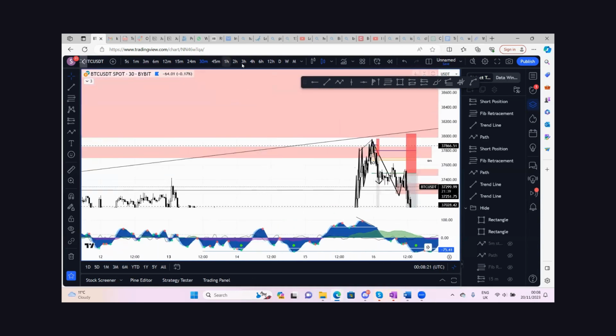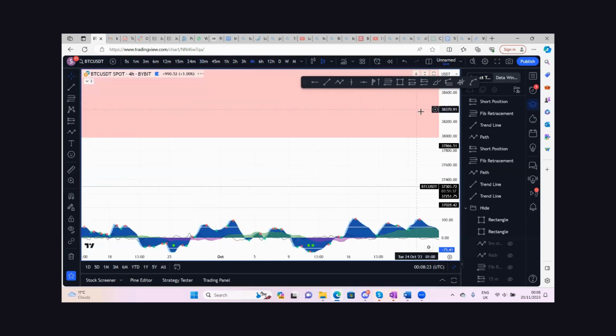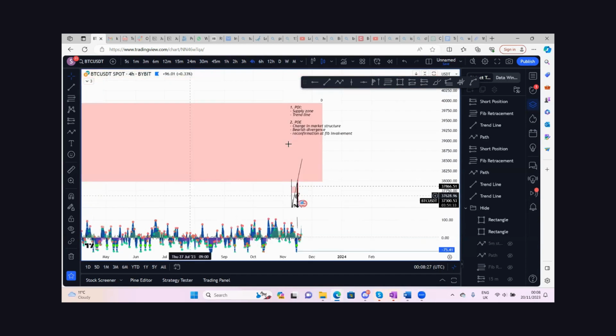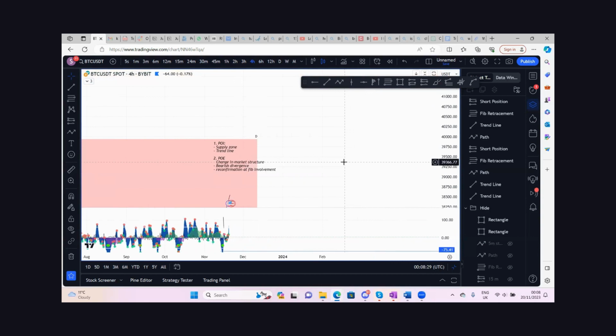Just to summarize what we looked at, the first thing was to establish what's our point of interest, our POI, and the point of interest was derived using our supply zone and our trend line. Once we established that point of interest, I was looking at what price is doing as it approaches that area. What are the candlesticks?